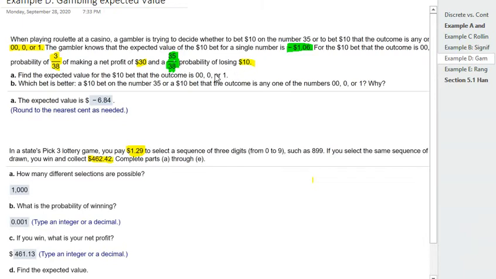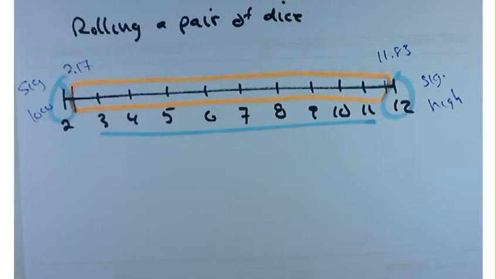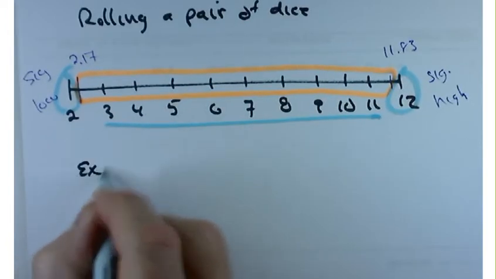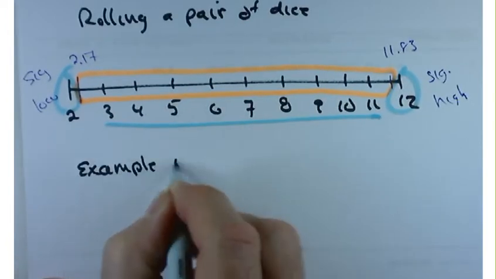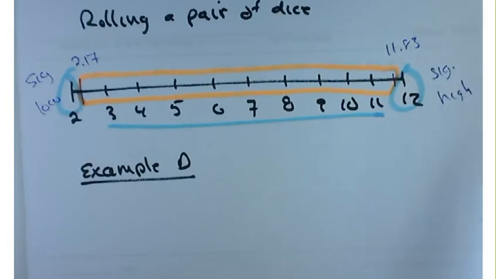Let's figure out its expected value. So I'll call this example D, just to keep up with the way I've labeled it here. There are 2 things that can happen when you're doing this game.